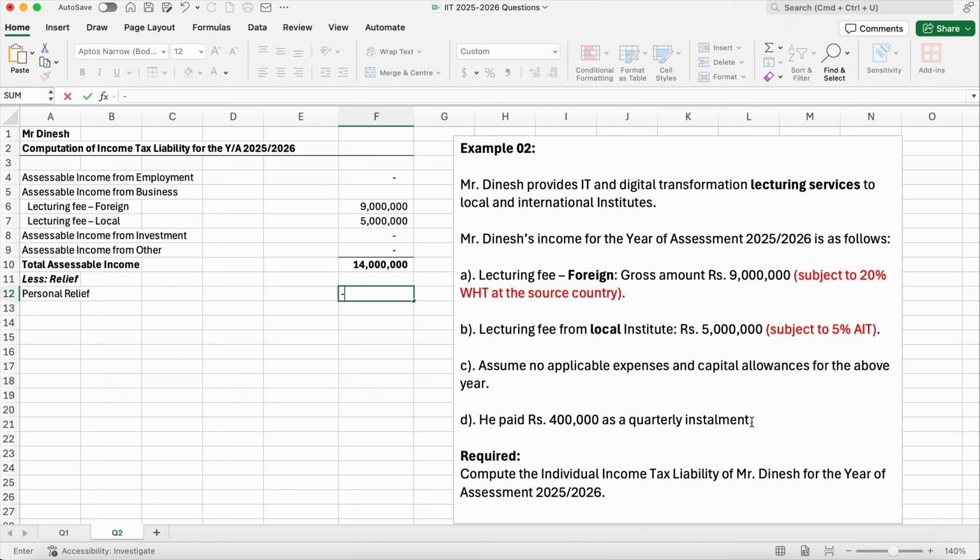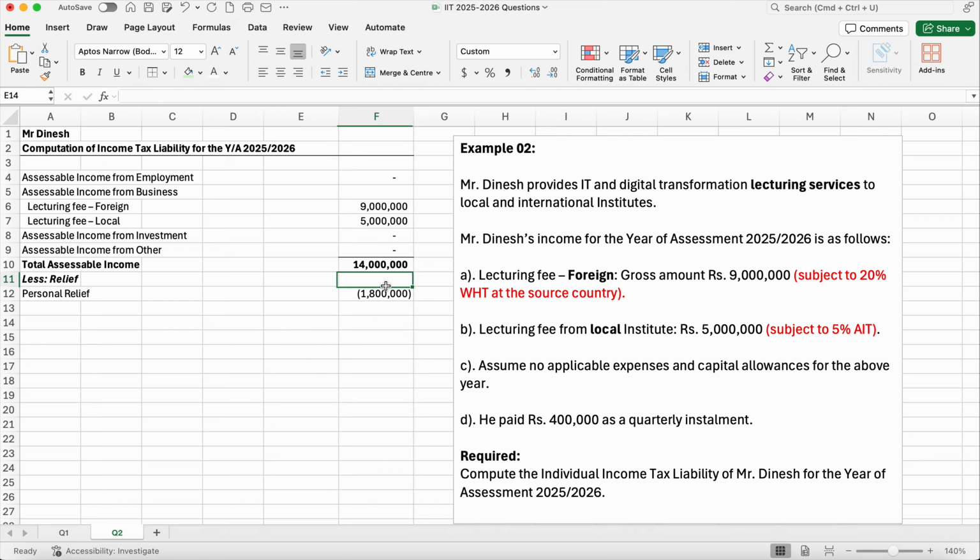You know how to calculate 1.8 million: multiply 150,000 by 12, because you pay taxes if you are getting more than 150,000 per month. If you multiply 150,000 per month by 12, you get the full relief for the year.